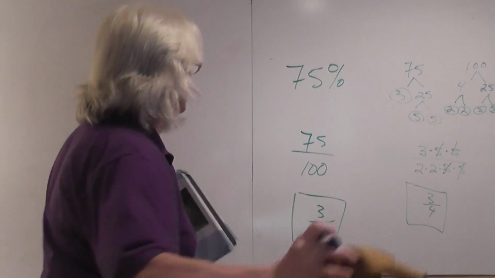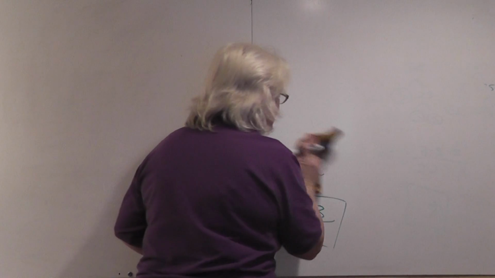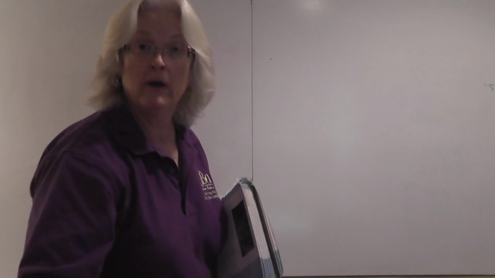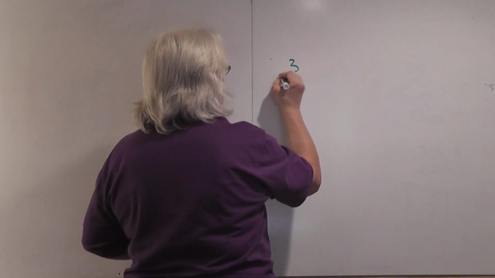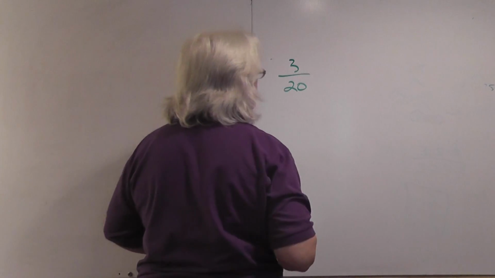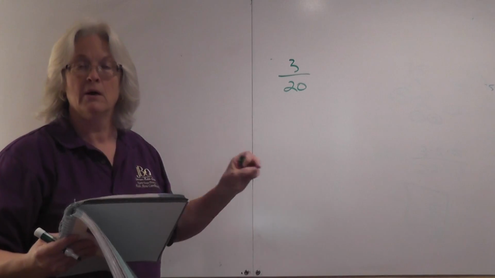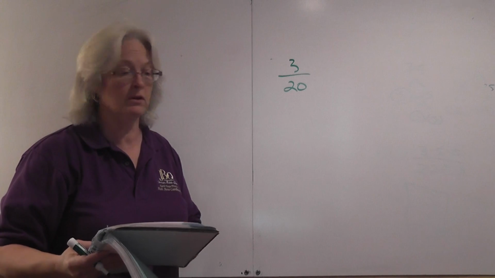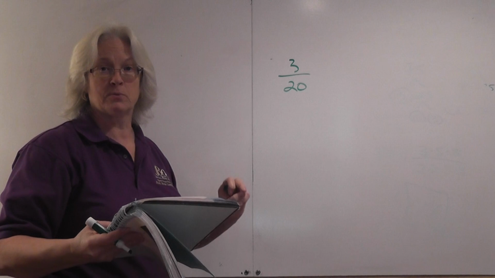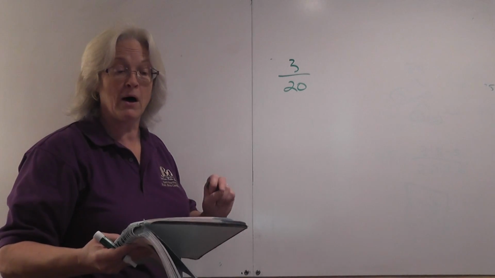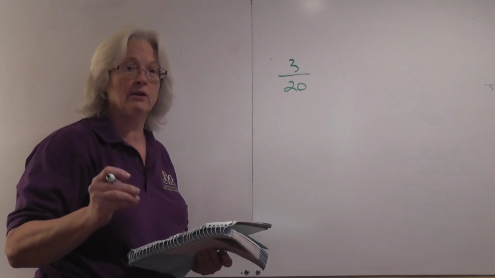Sometimes you're going to have a ratio, or a fraction if you will, that does not have a denominator of 100. And it's going to be an easy thing to deal with. You have this fraction 3 over 20. And what the instructions tell you to do is they say express 3 over 20 as a percent by writing an equivalent fraction with a denominator of 100.